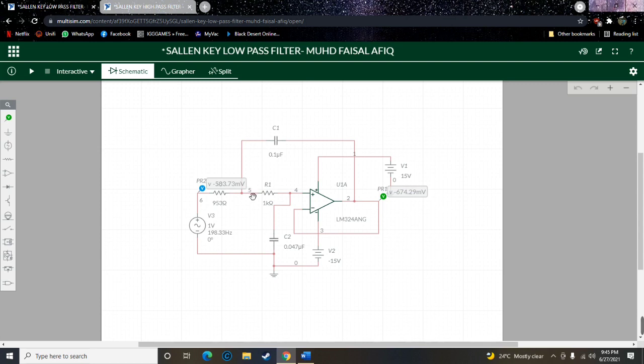Down here, after the 1k resistor into the capacitor, we call it the second RC section. So we have two sections, so we call it second order, or two pole Sallen-Key low pass filter.